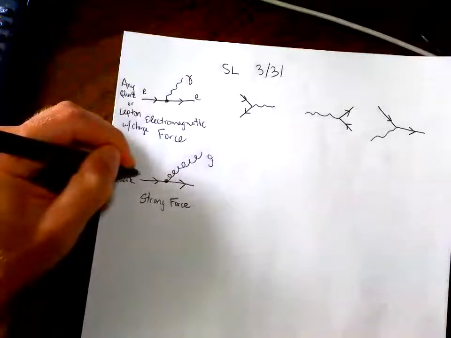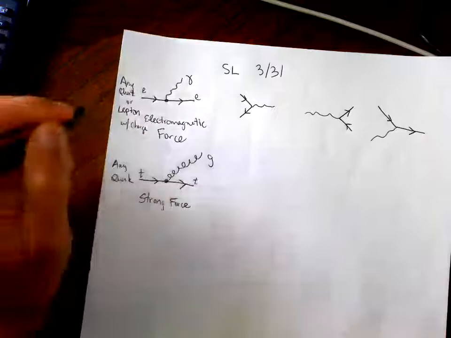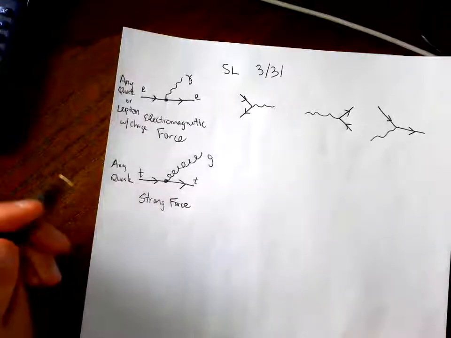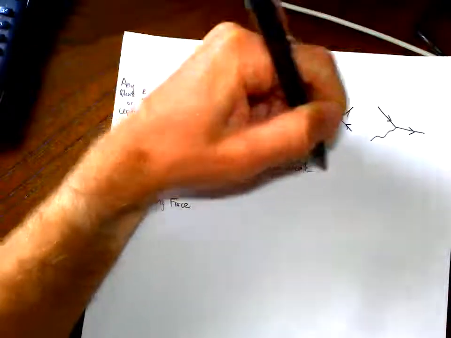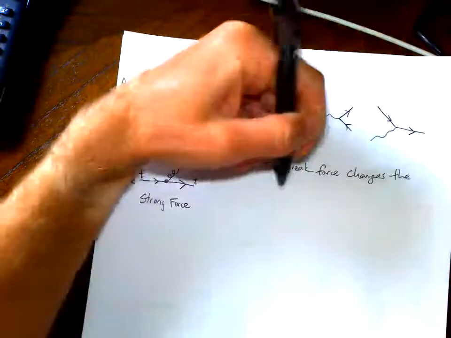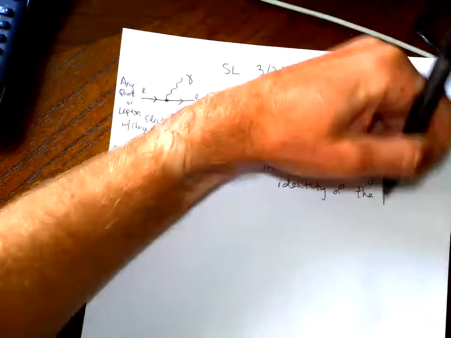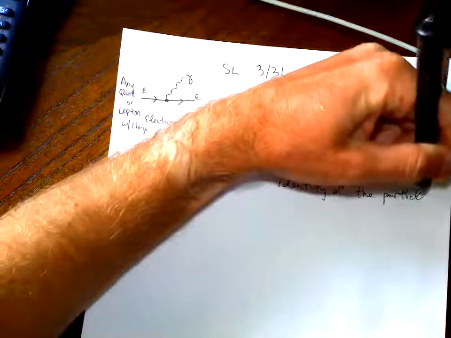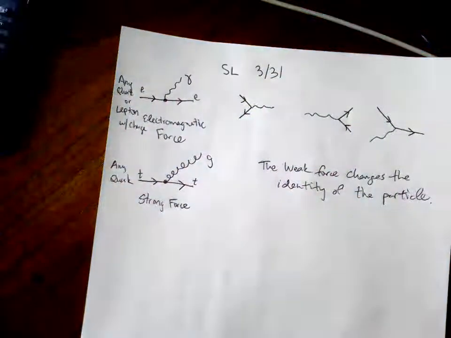If this were a top quark coming in, then it's a top quark coming out. But the weak force changes the identity of the particle. So it's a little bit trickier. It changes the identity of the particle.